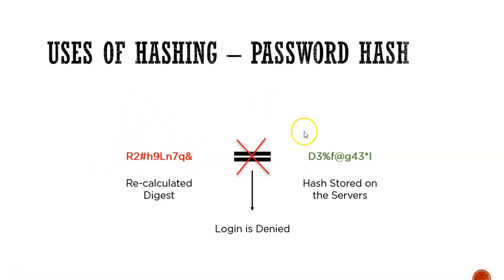If both the hash values match with each other, then the login is accepted. If the values are different, the login will be denied. This is what is called a password hash. This is one of the uses of hashing, where without even knowing what the password is, while still maintaining the security of the password stored in the database, we can verify the passwords.